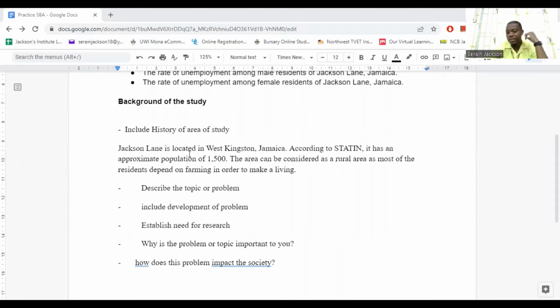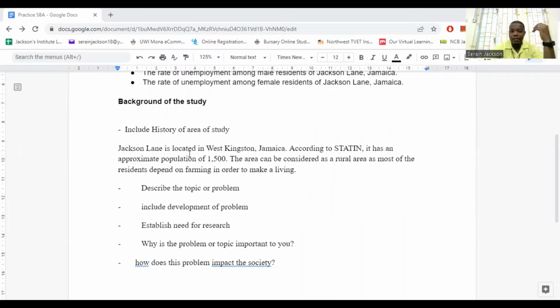According to STATIN, which is the Statistical Institute of Jamaica, maybe your country has a statistical institute, or maybe you have information that you can find in textbooks or in other resource materials. So I used STATIN to determine the approximate population of the area, and this is just my way of giving some history about the area. So I said, according to STATIN, it has an approximate population of 1,500.